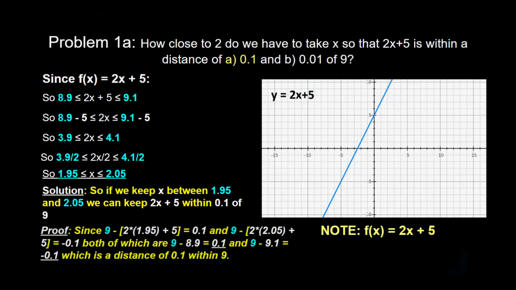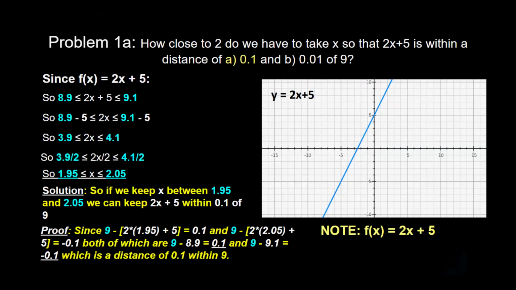As a proof, we can just take 9 and we can subtract 2x plus 5. And we can plug x in, and in this case x would be 1.95. And if we subtract that, plug x in and subtract from 9, we get 0.1.